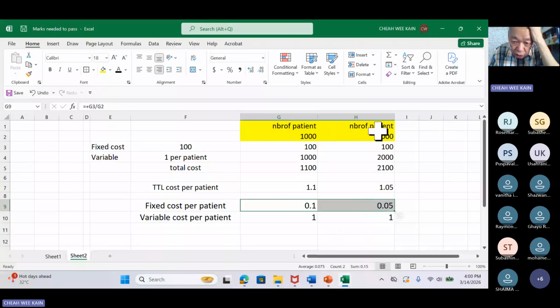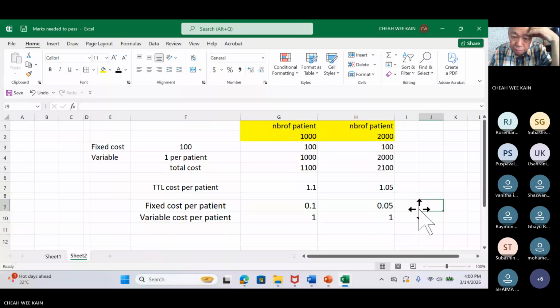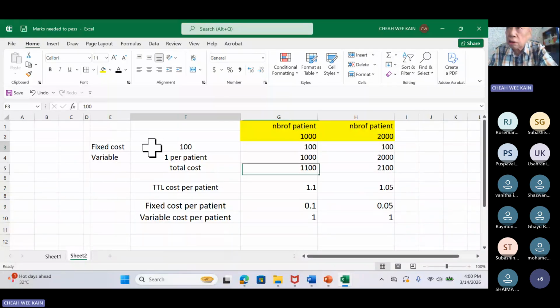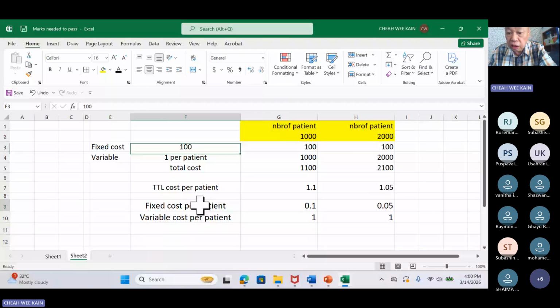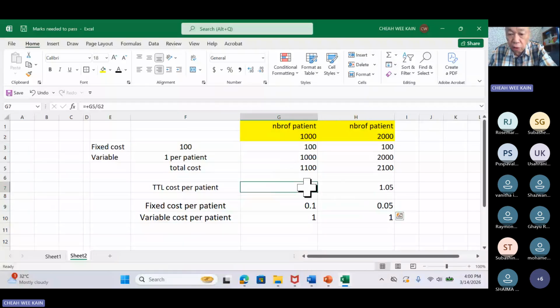The more patient, the lower the fixed cost. The less patient, the higher the fixed cost. Now what does that mean? That means fixed cost is fixed cost. We better generate more activity so that this can be reduced, and therefore our cost is different.